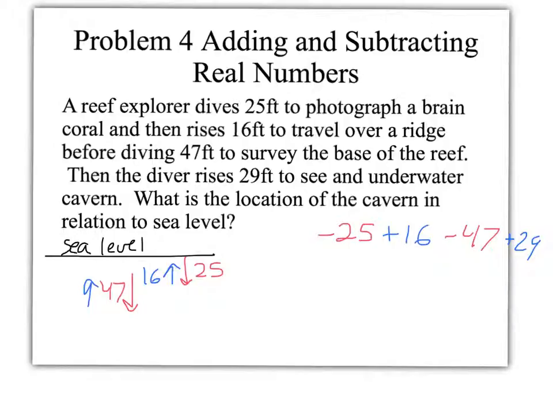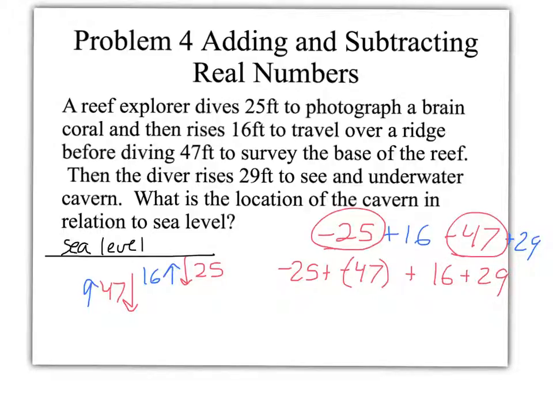Now, one thing you can do, you can use the commutative property here, and you can group your negatives together and your positives together. So you can do negative 25 plus negative 47 plus 16 plus 29. And now remember, two negatives, when you add them, you're still going to be negative.